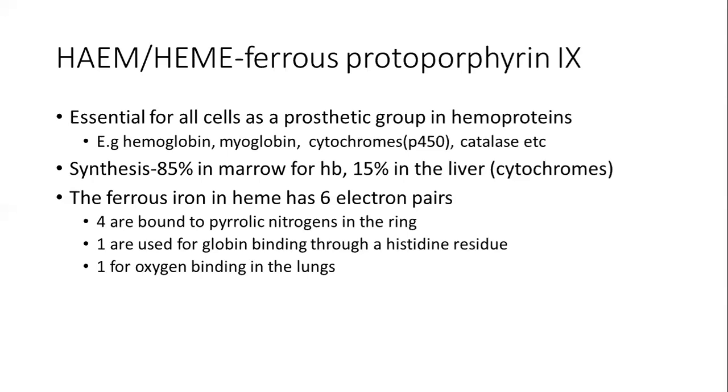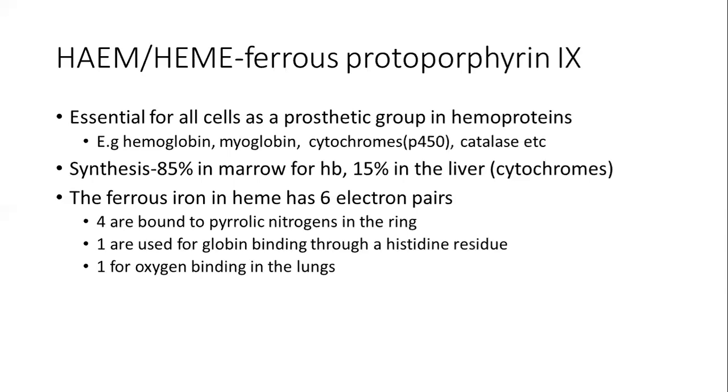And so heme is basically the 4 chiral rings together with the ferrous component bound together, a ferrous protoporphyrin. And this ferrous protoporphyrin is essential for all cells as a prosthetic group in hemoprotein synthesis.